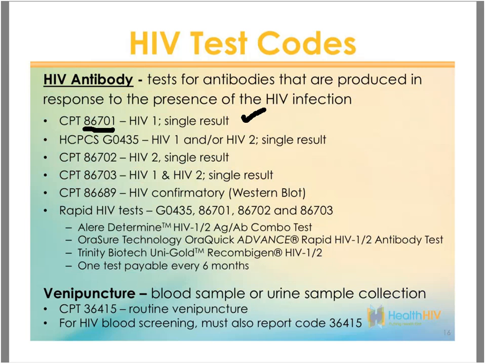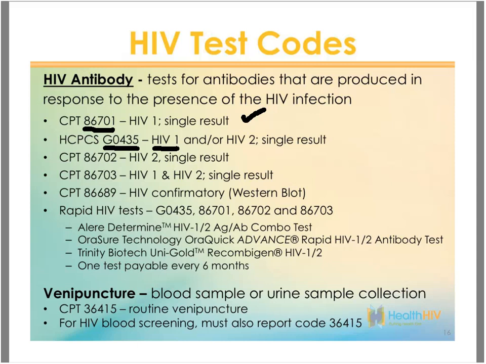Your HCPCS codes all begin with an alpha, and so in the case of the HIV-1 single result test, the code begins with the letter G. So G0435 is the HCPCS code that describes the HIV-1 test, and CPT code 86701 is the code that's used to describe the same type of test.